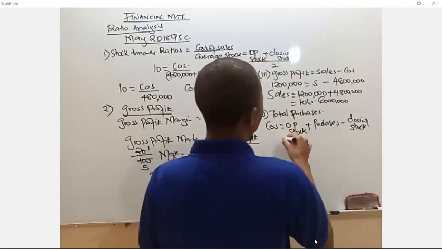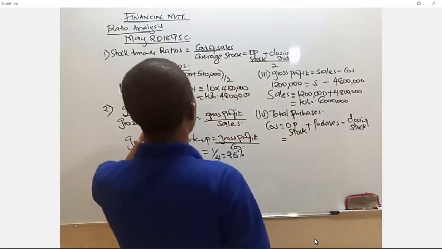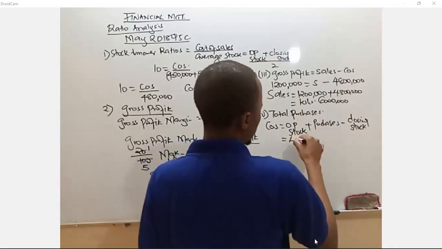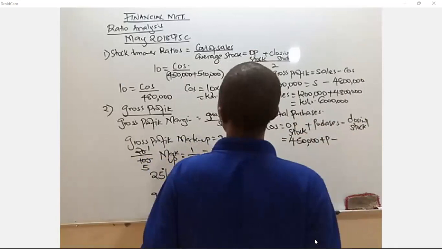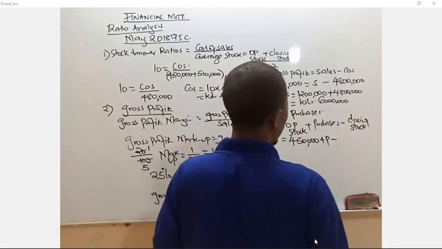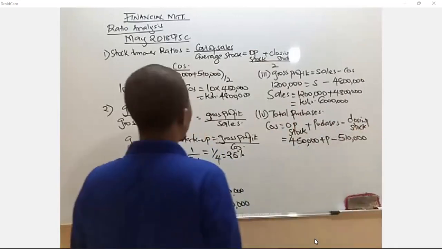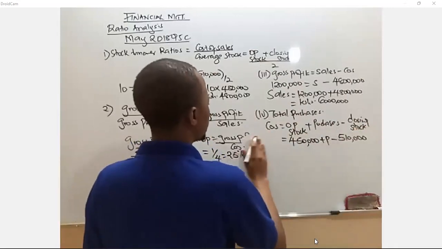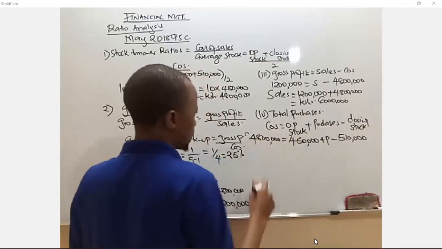What is my opening stock? I remember I said it is 450,000. Do I have the purchases? No. But the closing stock of ours is 510,000. These we are supposed to equate with 4.8 million, because it's your cost of sales.